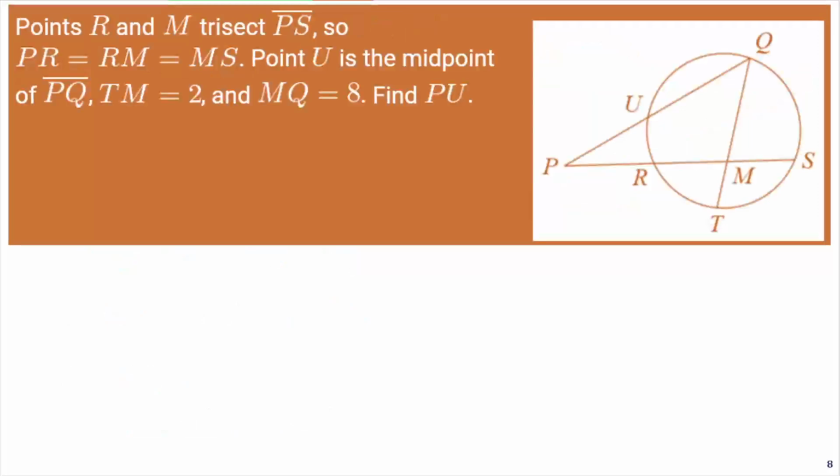Points R and M trisect PS, so PR equals RM equals MS. Point U is the midpoint of PQ. TM equals 2, MQ equals 8. Can you find the length of PU?